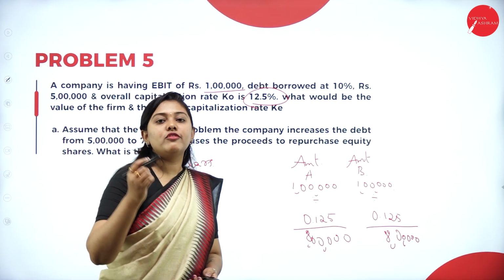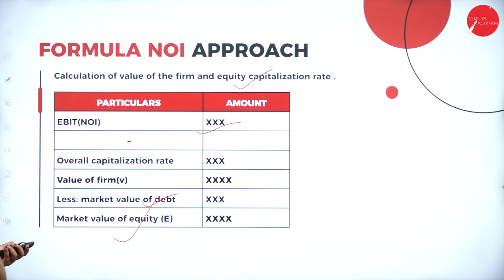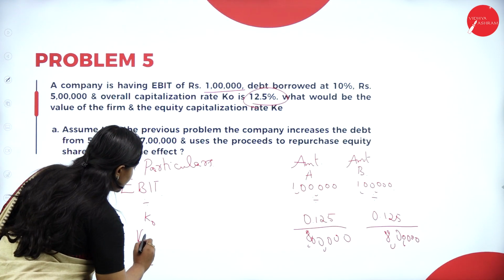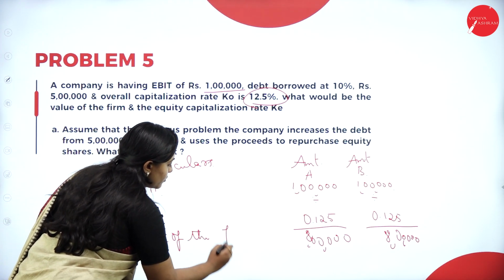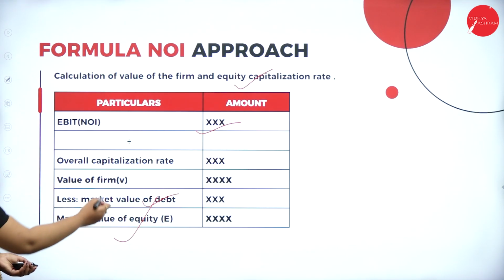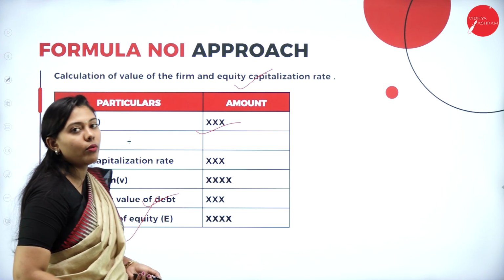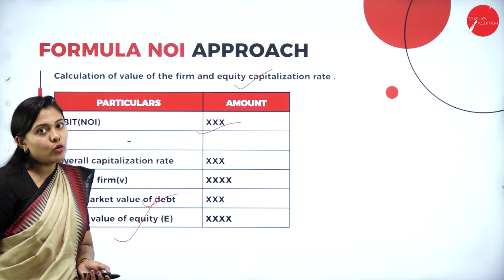So according to our format, what is the next step that we have to follow? Whatever we got is the value of the firm. Next, what we have to do? We have to deduct the market value of debt. If we deduct the market value of debt, we will get the market value of equity.